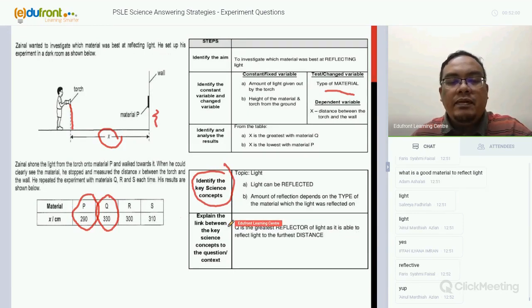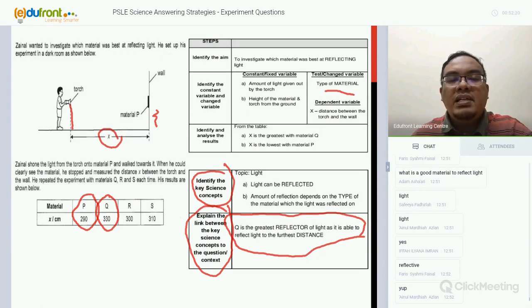Okay, so step number 5. After you identify the concepts, you must be able to explain, link the table here to the concept. So you can see that Q is the greatest reflector of light, right? Why? As it is able to reflect light to the furthest distance.